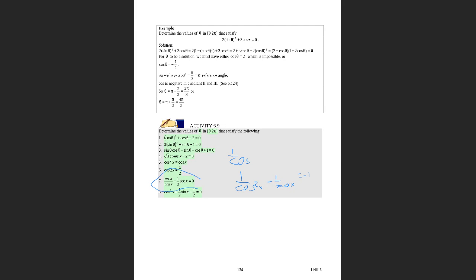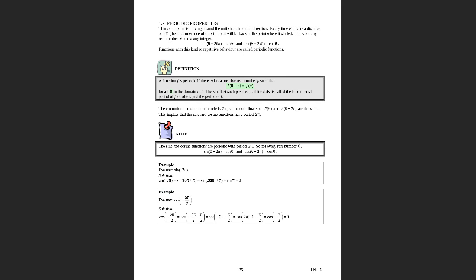Okay. The next one I would like to touch on is periodic properties. That's the last thing we are going to do. For the graphs, you can go and look at them yourself. The most important thing we are going to look at is 2 pi. Let us remember that 2 pi is the same as 360 degrees.